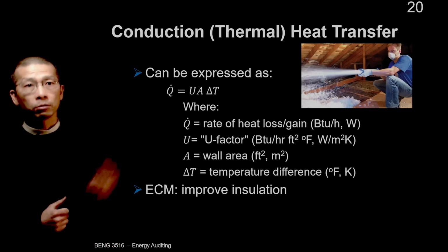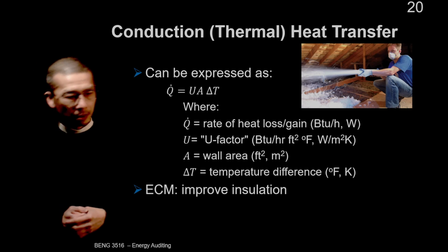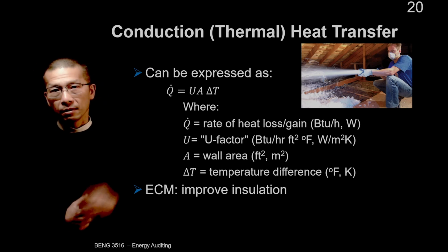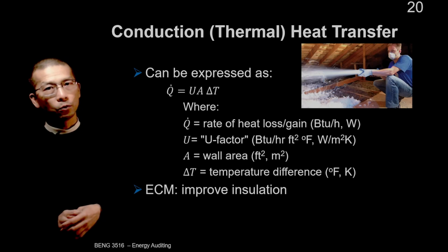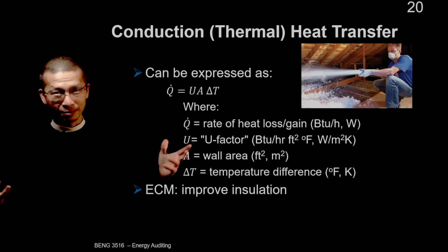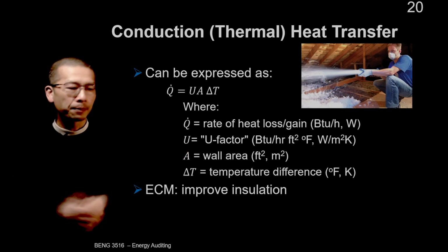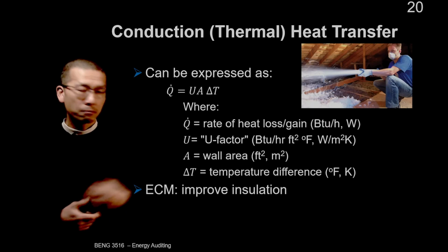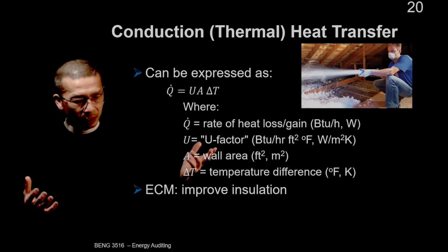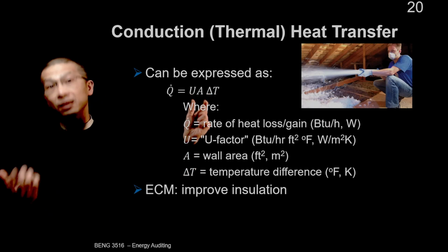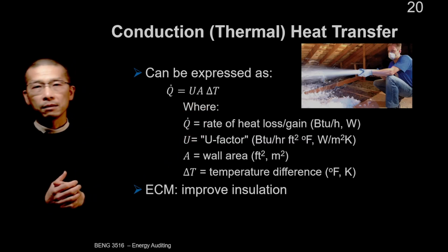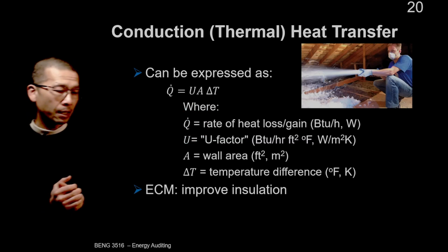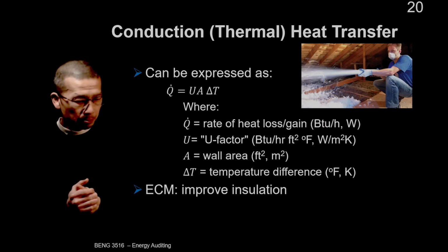Thermal heat transfer or conduction. UA delta T. I think UA delta T is an equation that we should know. The rate of heat transfer is equal to UA delta T. UA is kind of the overall size and the conductivity, how conductive the material is.